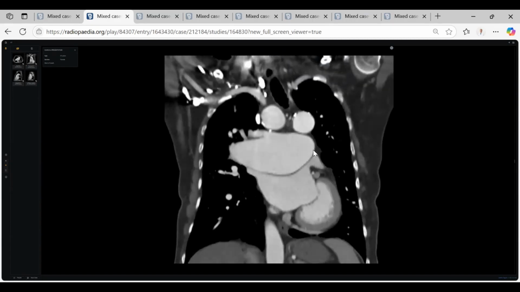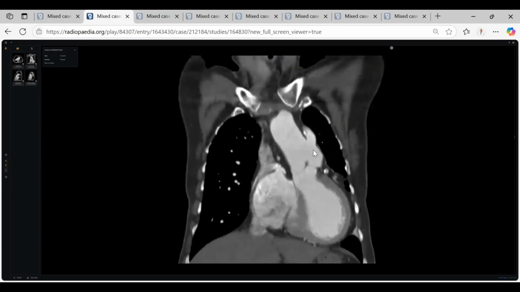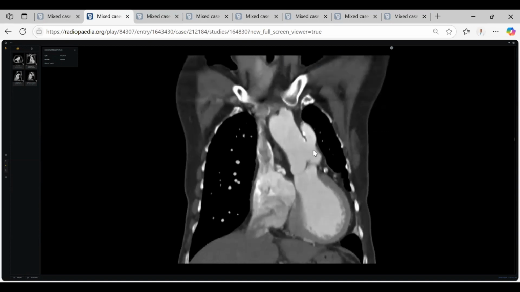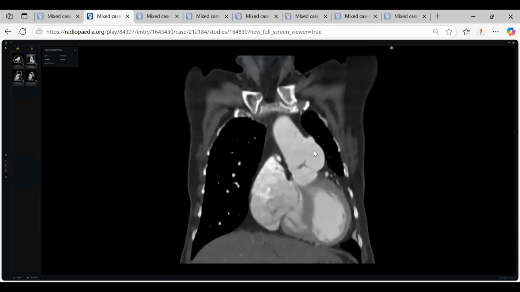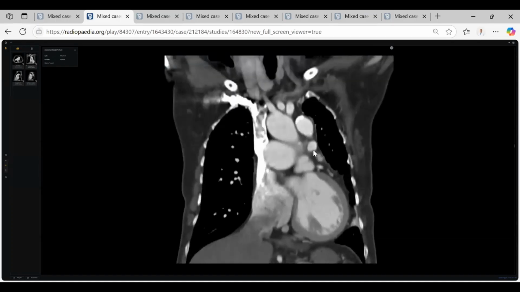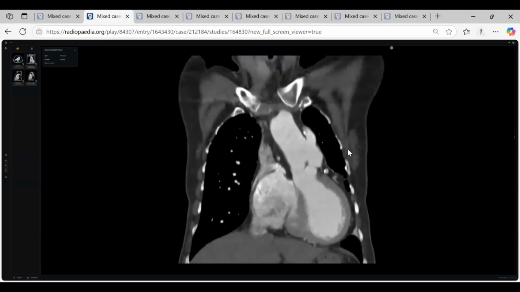So what is the name of this condition? Truncus arteriosus. Excellent. The pulmonary artery and the aorta originate from a common origin.